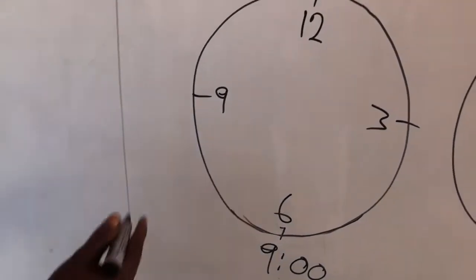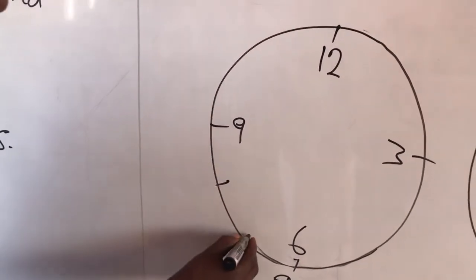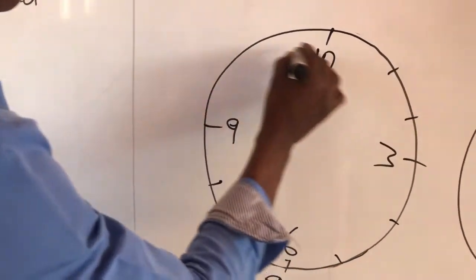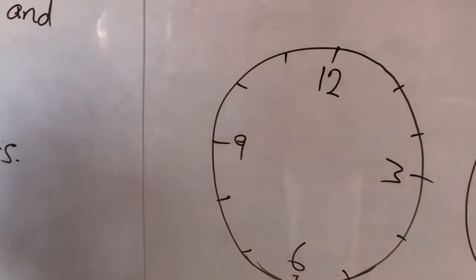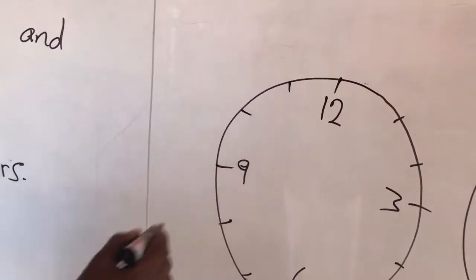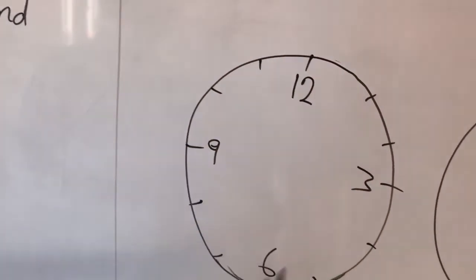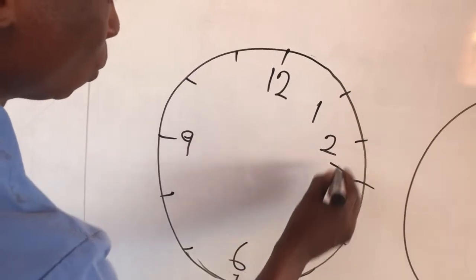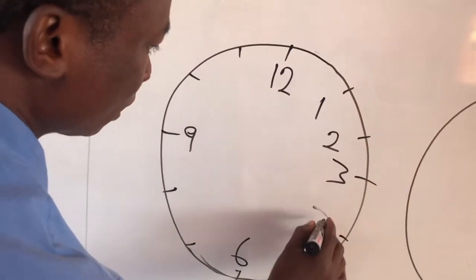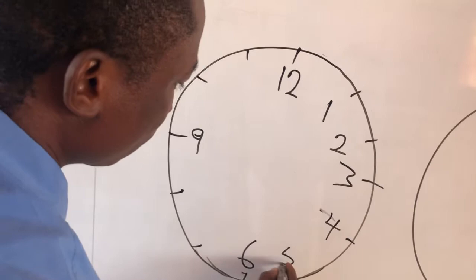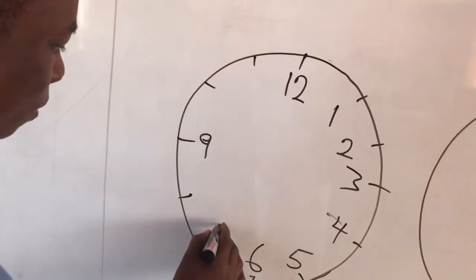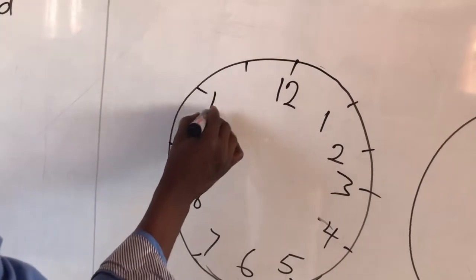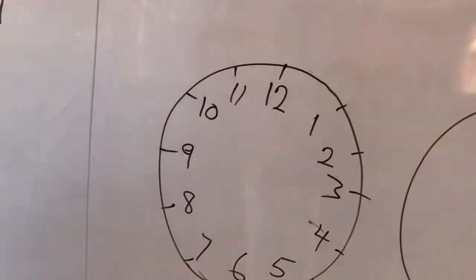I can decide to continue like this, but what I'm supposed to draw is already here, so there's no need. But you can still write it: 1, 2, 3, 4, 5, 6, 7, 8, 9, 10, 11.